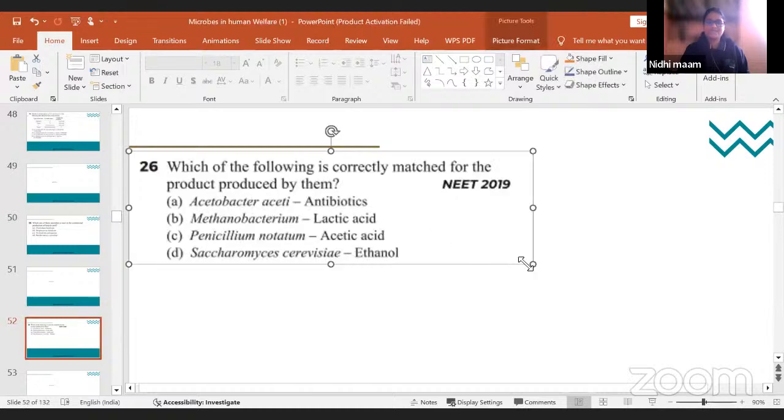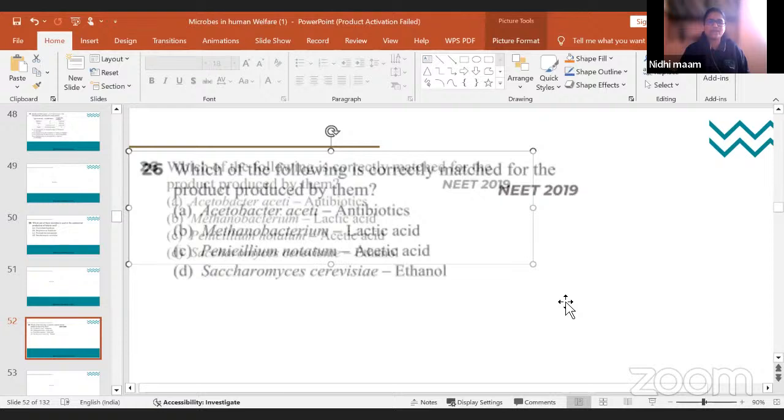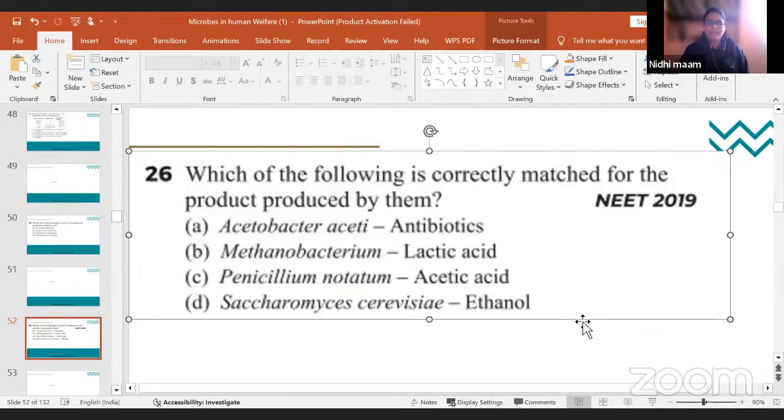Which of the following is correctly matched for the product produced by them? Acetobacter aceti antibiotics, Methanobacterium lactic acid, Penicillium notatum acetic acid, Saccharomyces cerevisiae ethanol. They have asked to correctly match. Mallikarjun, SP Ganesh are active on YouTube.